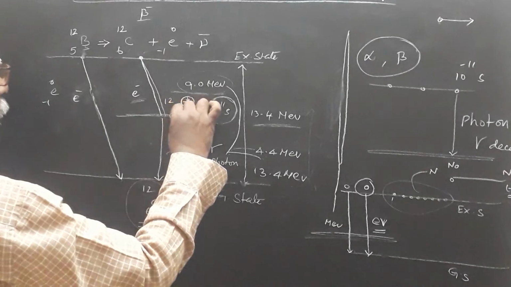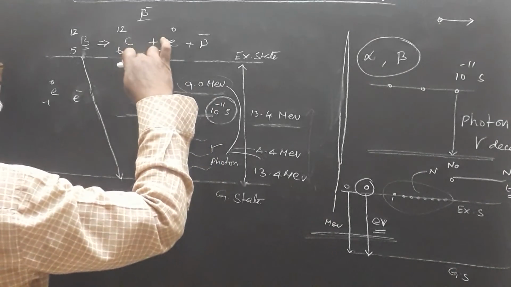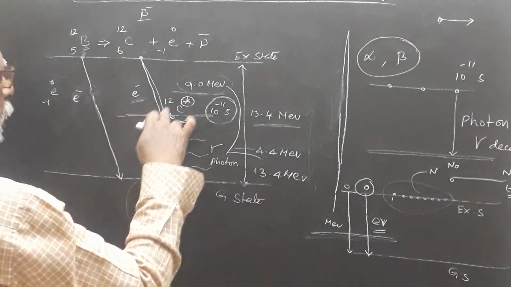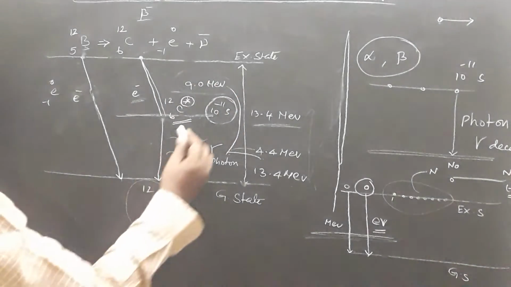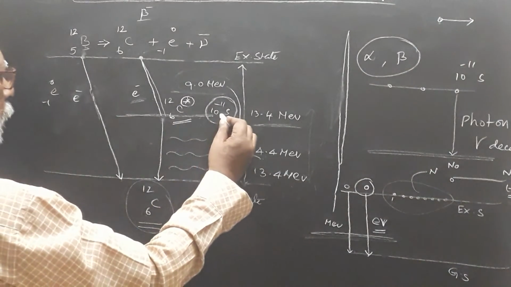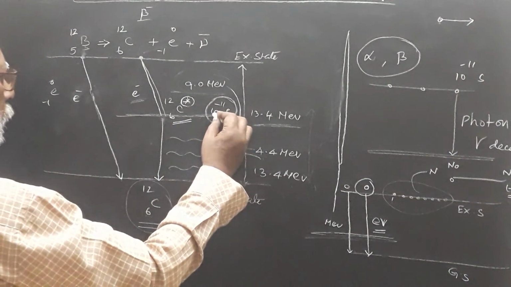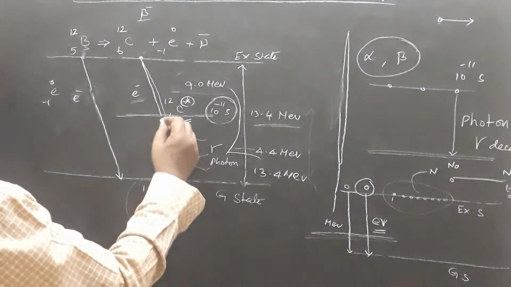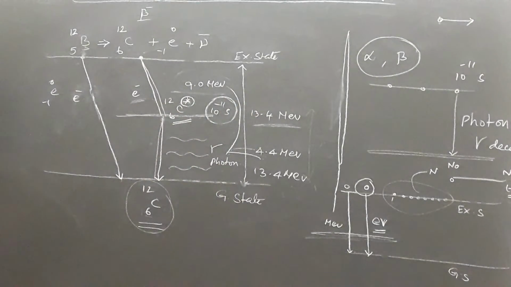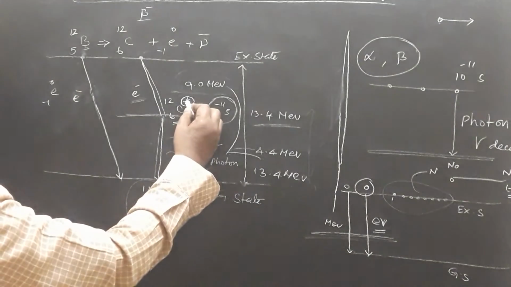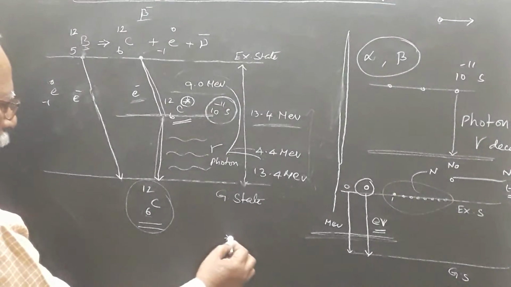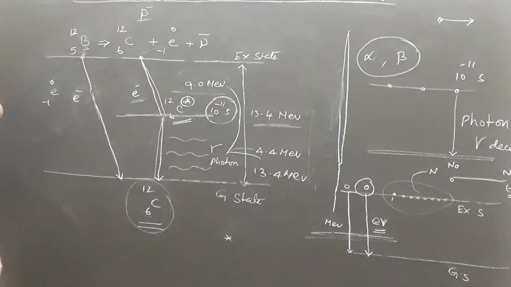The same carbon jumped from the excited state to the intermediate state. During that period, 9 million electron volt is emitted. After that, it may stay here for a very few seconds, 10 power minus 11 second. Then it comes back to the ground state. This is called a stable carbon. This is not stable. Here the star indicates the excited state.